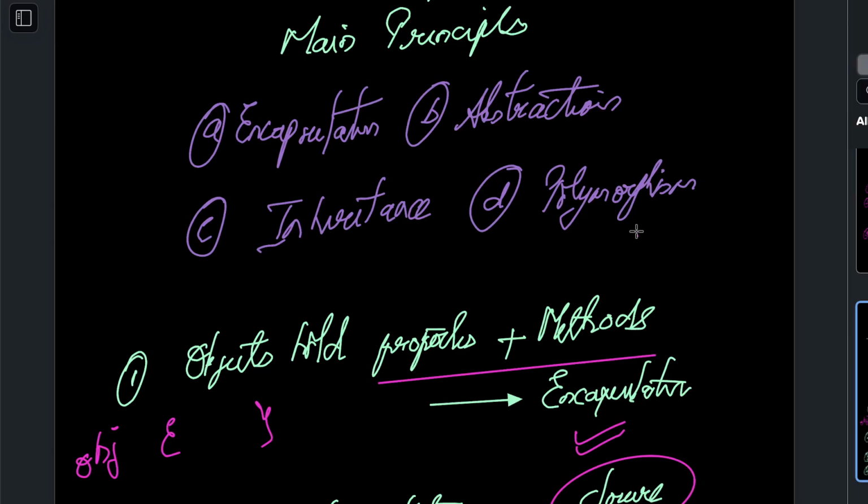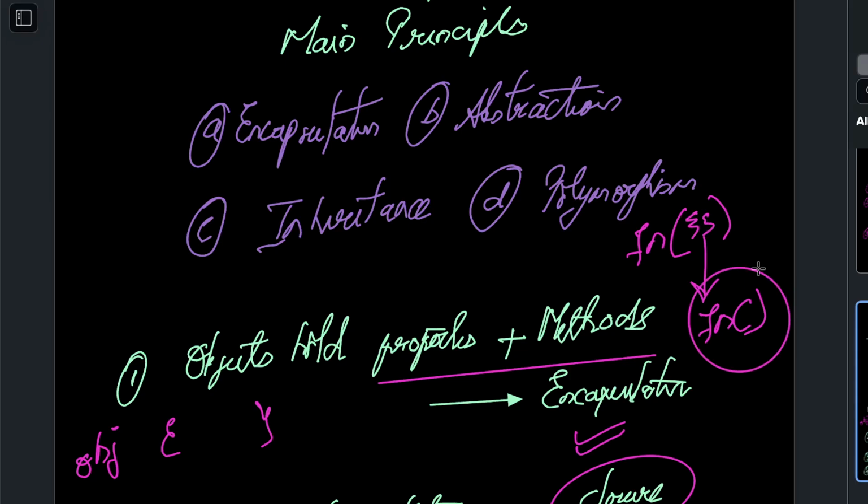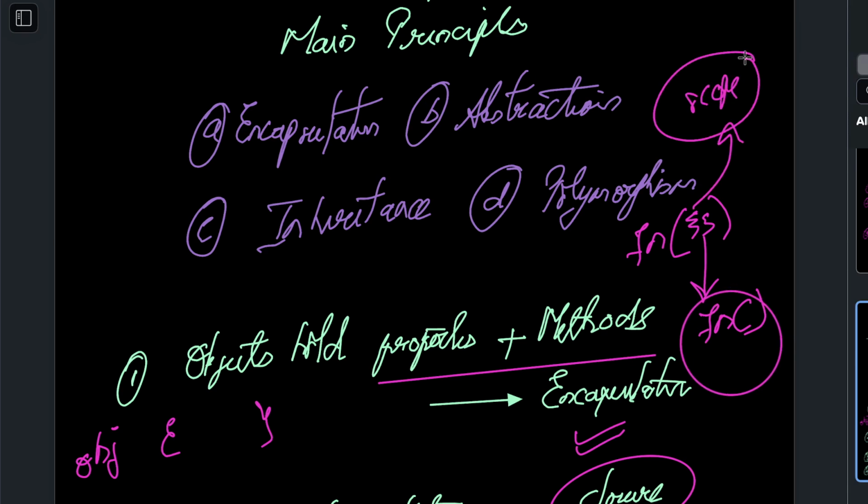For example, if you have a function, and inside it you also have a function, and you have any variable declared here, until this function has been completely executed, this scope is not lost, so it's still kept. This is nothing but called a closure.